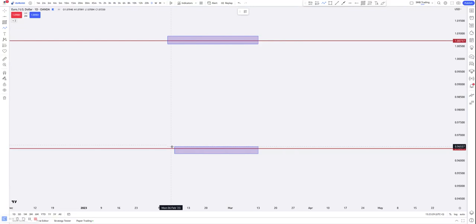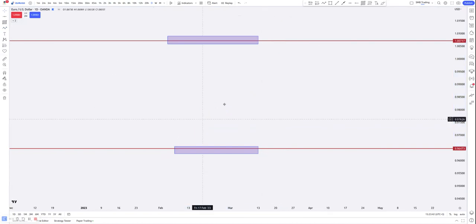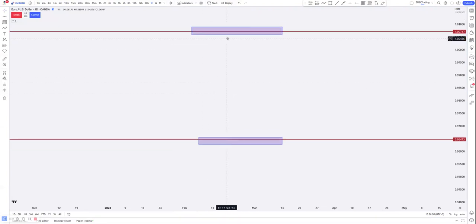Price will be creating swing highs and lows, also known as market structure. But mind you guys, this is the basic level of market structure, like the lowest level of market structure. So now, from the buy side to the sell side, from the sell side to the buy side, price will create market structure.